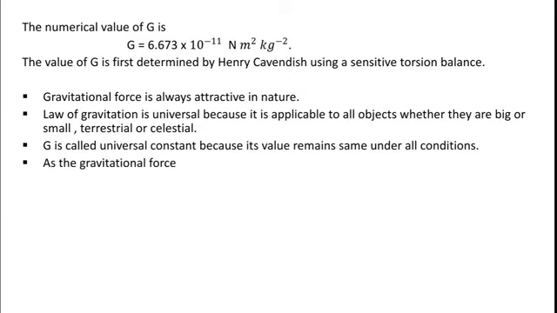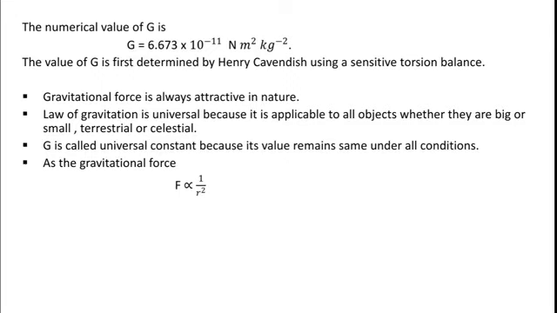Again, according to the universal law of gravitation, we know that the gravitational force F is inversely proportional to the square of the distance between the two objects. But what does this relation mean? This relation means that if the distance between the two objects is doubled, then the force between them will decrease by 4 times.